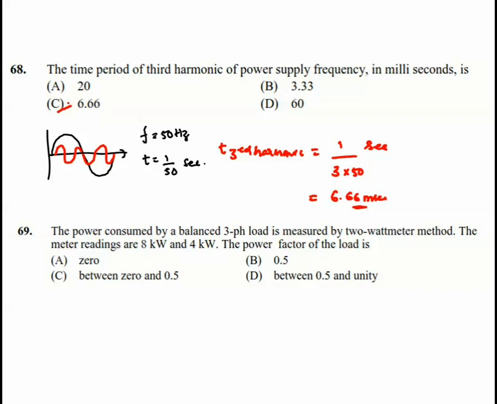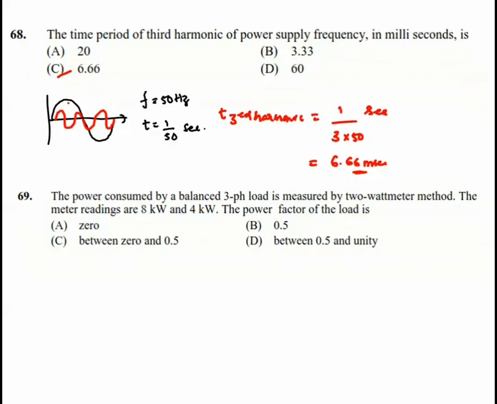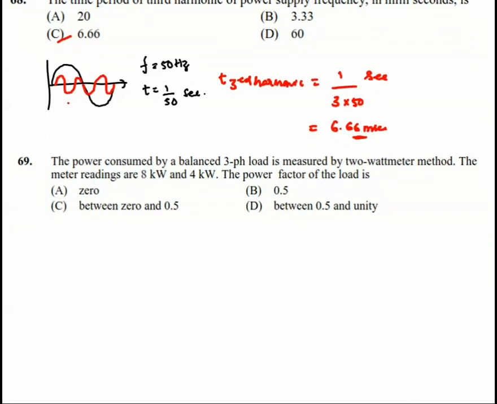And the next question is the power consumed by a balanced 3-phase load measured by the 2 wattmeter method. The meter readings are 8 kilowatts and 4 kilowatts respectively. The power factor of the load is going to be. Generally the power factor can be found using the formula: theta is equal to tan inverse of root 3 into (W1 minus W2) divided by (W1 plus W2). W1 and W2 are 8 and 4 kilowatts respectively.